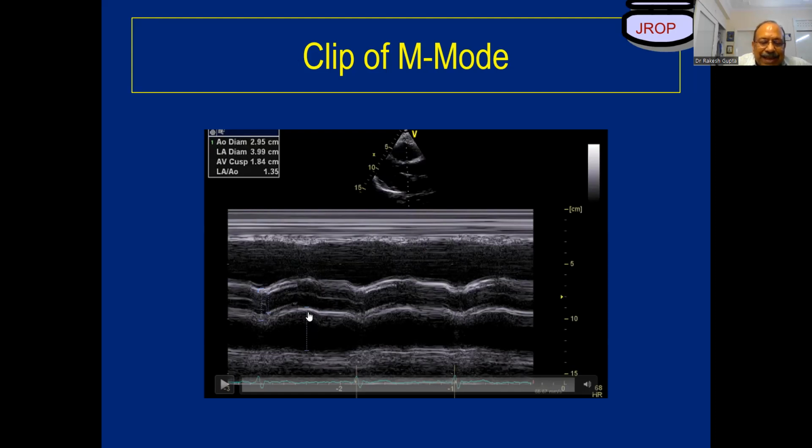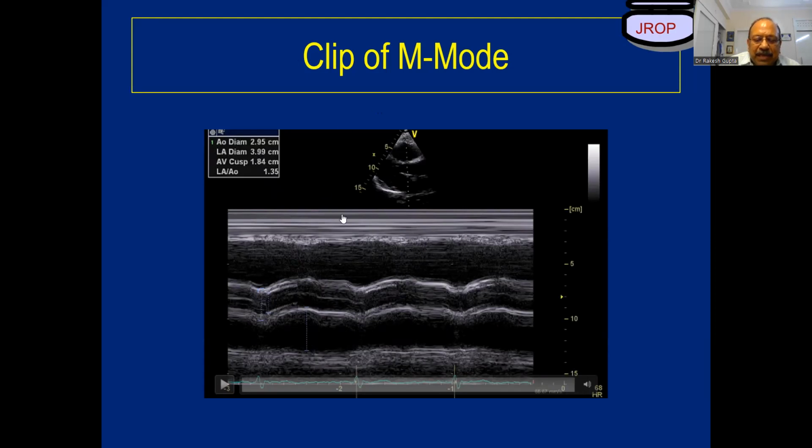Again, here we look at LA dimensions. This is 40 millimeters in size divided by body surface area. That will give you index LA size, which is 22 millimeter per meter squared body surface area. And third, the most important thing is look at this aortic valve opening and closing. They almost remain parallel with each other, whether it's opening or closing.